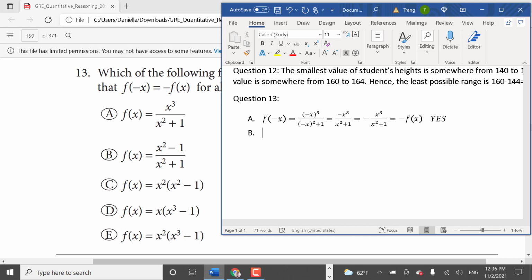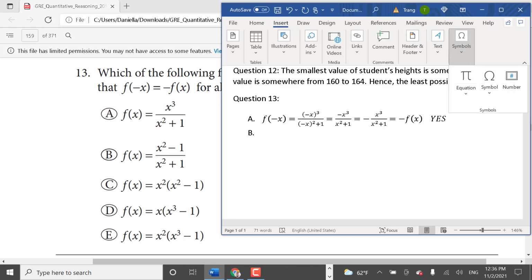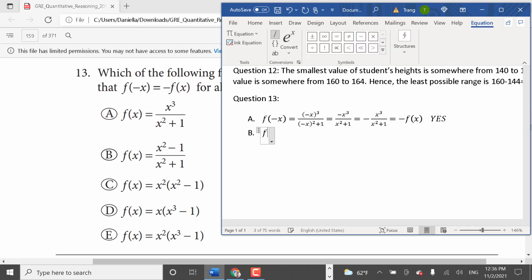Now B, let's check B. Using the same method, we check f of minus x, and this is equal to, we just replace x by minus x.